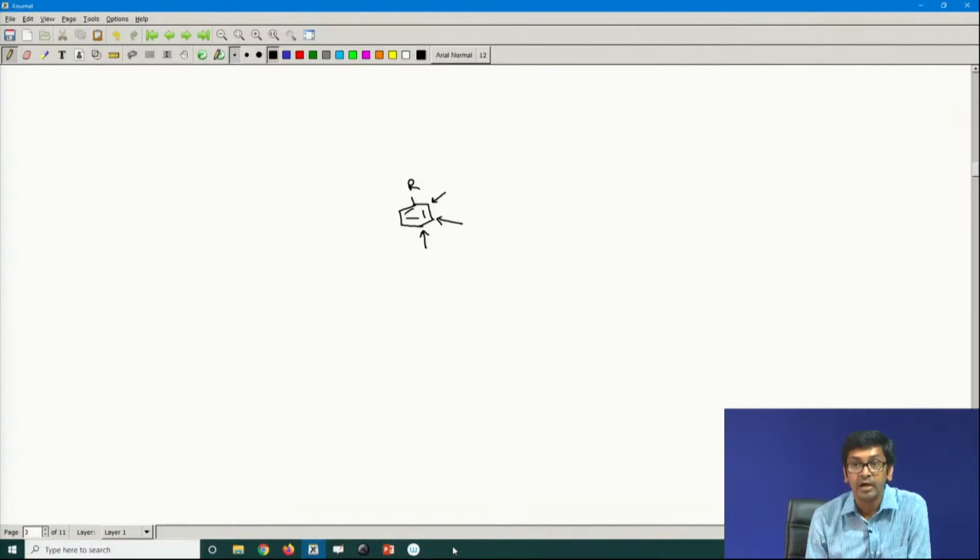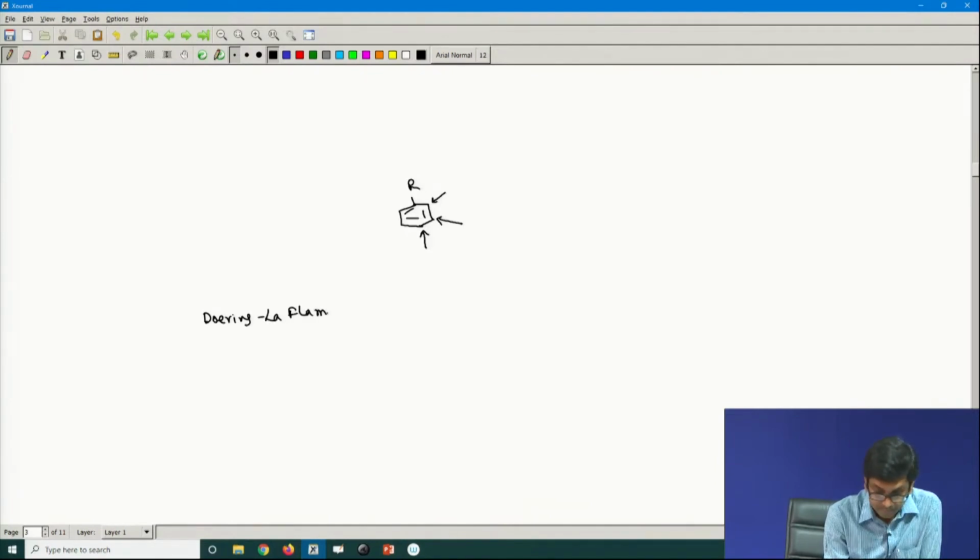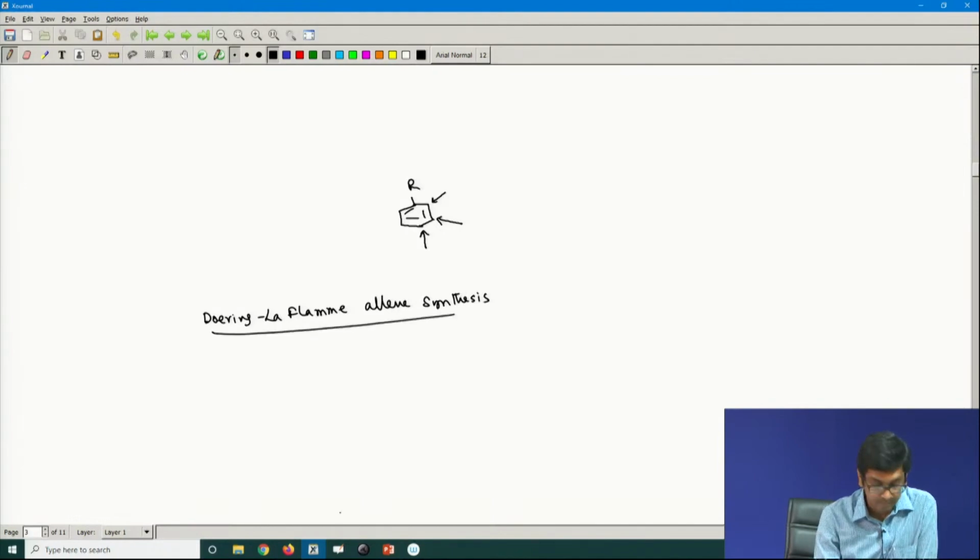That is also another query from different years, it always comes regarding this particular allene synthesis. So, in this reaction, an alkene is converted into an allene by insertion of a carbon atom, that is the Doering-LaFlamme allene synthesis.